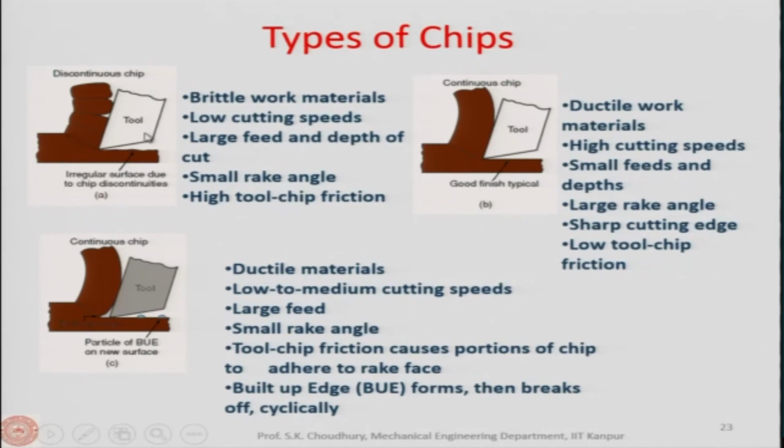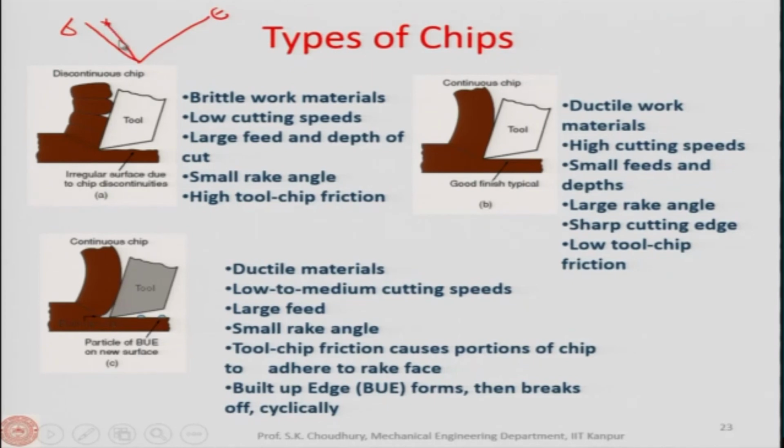Another type of chip: when the workpiece material is brittle, the chip formed is discontinuous. It cannot have a continuous chip, because if you remember the stress-strain curve, this is the stress, this is the strain, and for a brittle material it will break here. It will not go to the plastic zone.